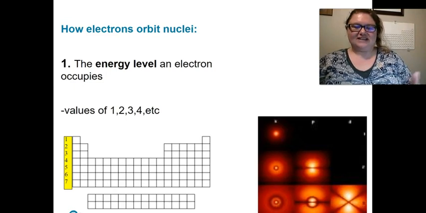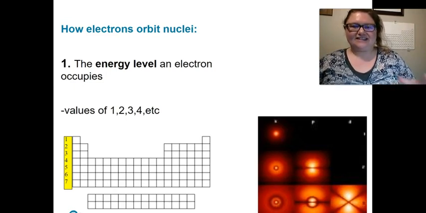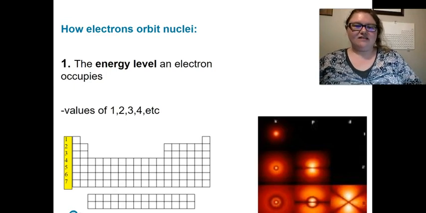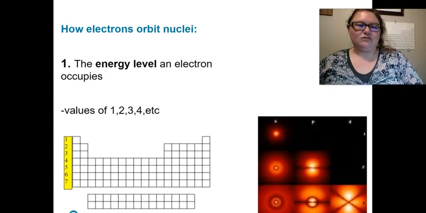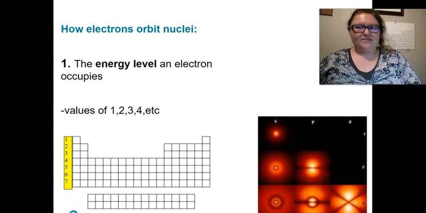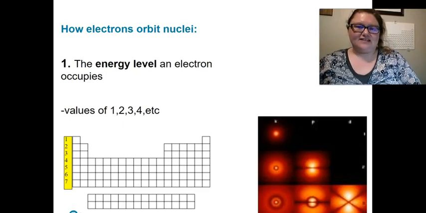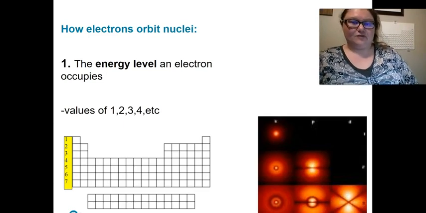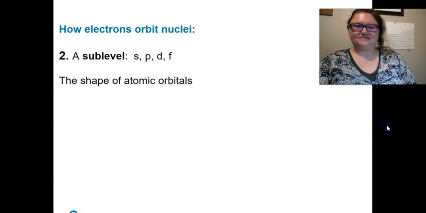And then we're going to get more detailed from here. So right now we're going to start at the town level, and that would be our energy level. These are equal to the period where we find an element on the periodic table. So we'll go through examples a little later on, but if we locate any element, the period that it resides in, it's going to tell us the maximum number of energy levels that atom will have. Okay, so more on that in just a moment.